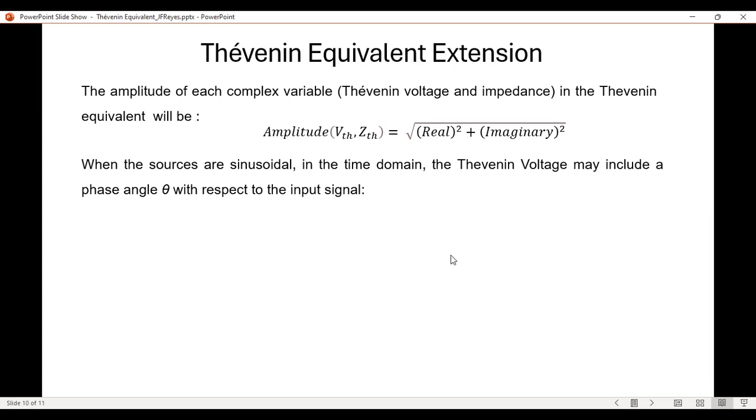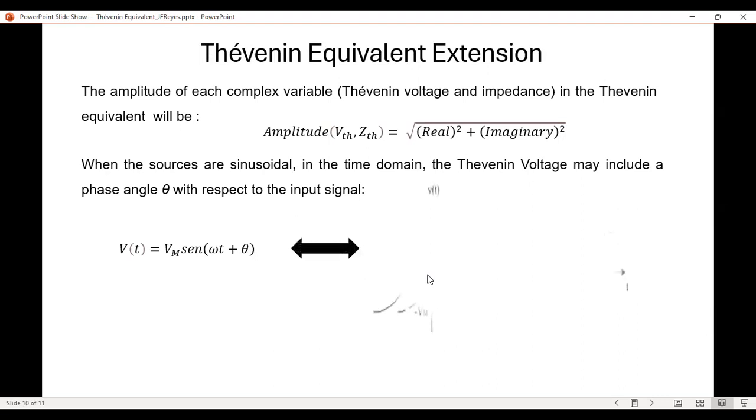In the time domain, the Thevenin voltage will have a sinusoidal expression, similar to what we have here. In this expression, Vm is the amplitude, omega is the angular frequency, t is the time, and theta is the phase angle.